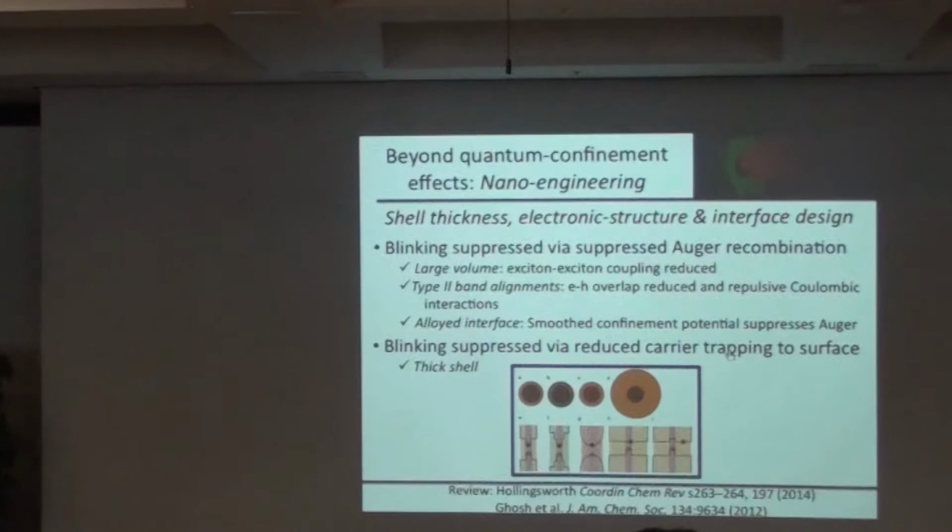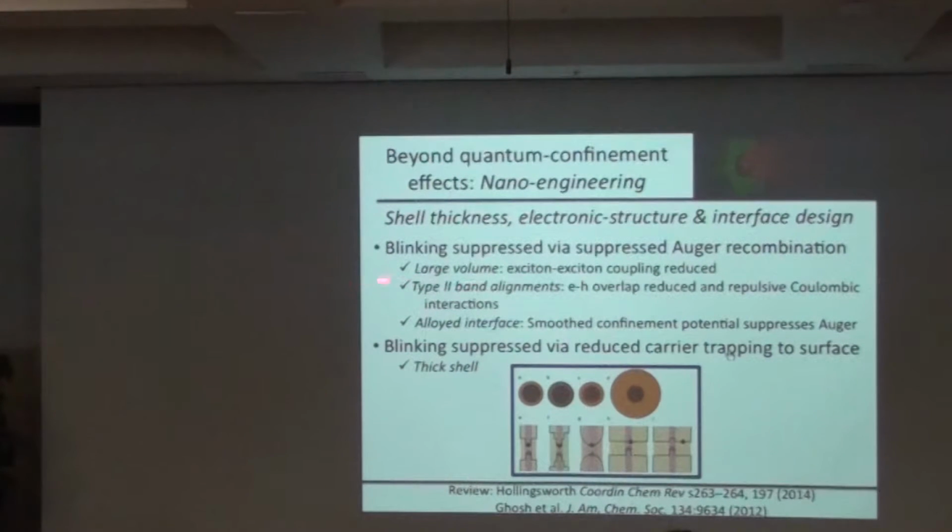Okay, so now we know that there are two mechanisms responsible for blinking. One relates to charging and Auger recombination, and the other relates to carrier trapping to surface states. And so synthetically, one needs to come up with a plan for how to deal with all of those processes through nanostructuring. And so we look first to the issue of Auger-mediated blinking processes, and we think, how can one suppress Auger?